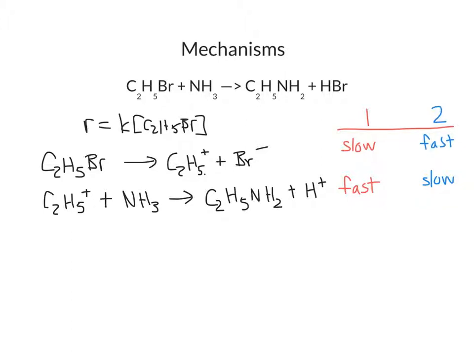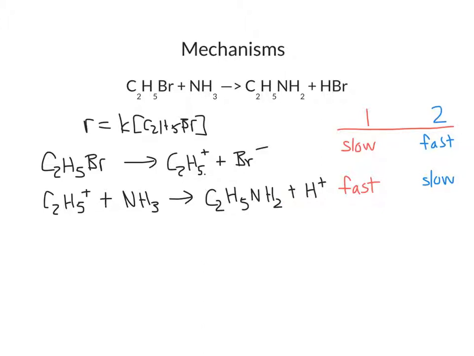Starting with the first possibility, if the first reaction is slow, then we're going to make some of this intermediate, and we're going to make it fairly slowly. And as soon as this is made, the second reaction is fast, and so as soon as this intermediate is made, it gets used up really quickly in the second reaction.